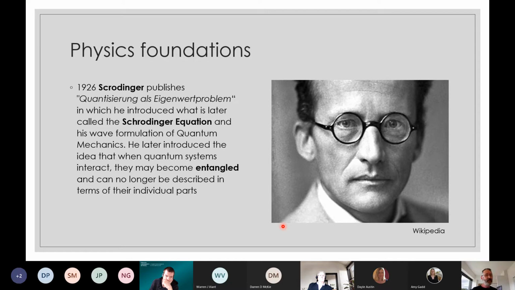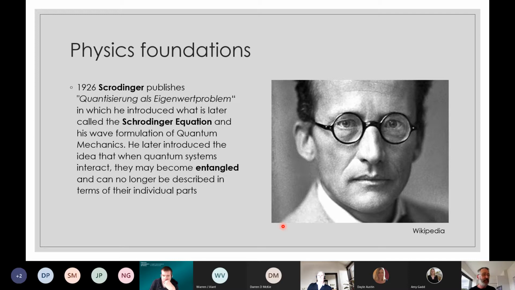In 1926, Schrodinger developed his equations that describe quantum mechanics. And whilst he did that, he also introduced ideas about how particles, or say photons, can be considered both as particles and waves on a strong mathematical foundation.